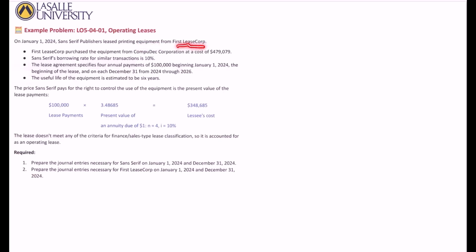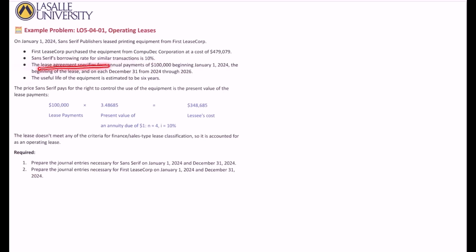They leased printing equipment from First Lease Corp. So First Lease Corp is the lessor, Sans Serif is the lessee, and they give us a bunch of information about this lease. First Lease Corp, the owner of the asset, bought the asset from CompuDeck Corporation for a cost of $479,079. The borrowing rate for Sans Serif for similar transactions, if they were to borrow money to purchase this asset, would be 10%.